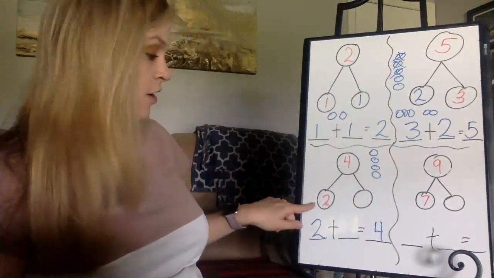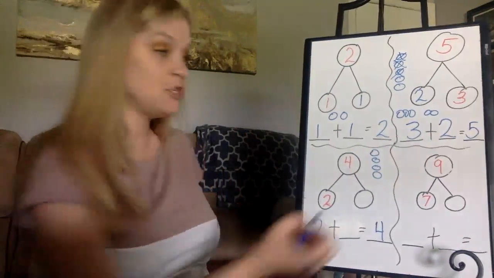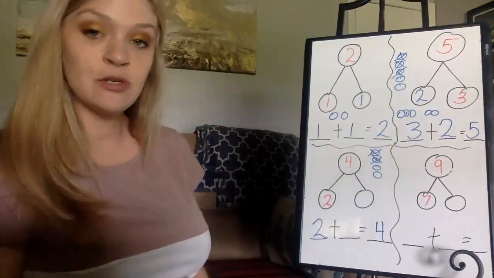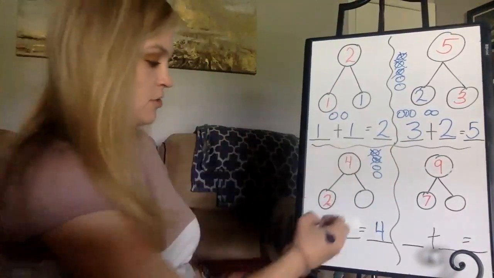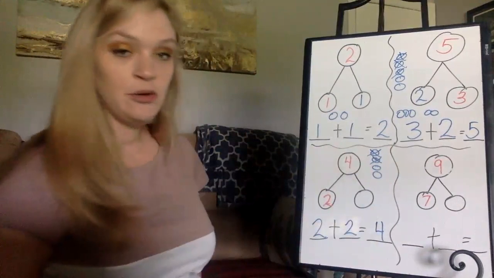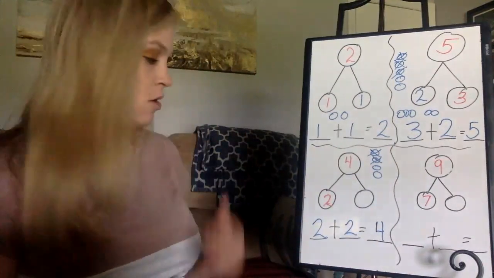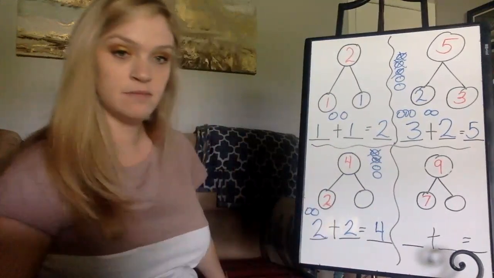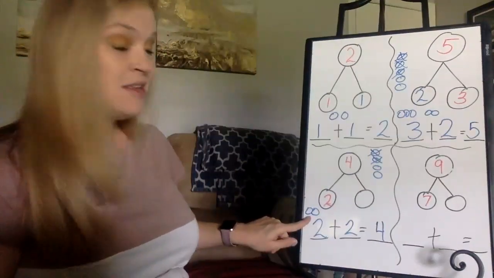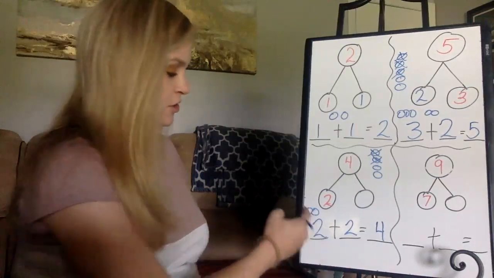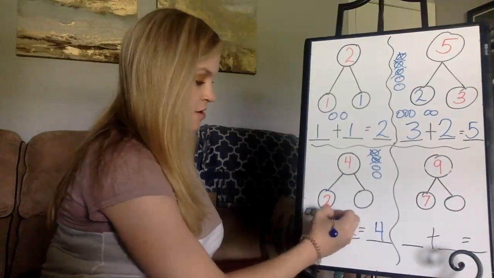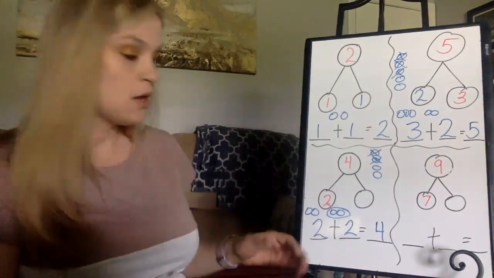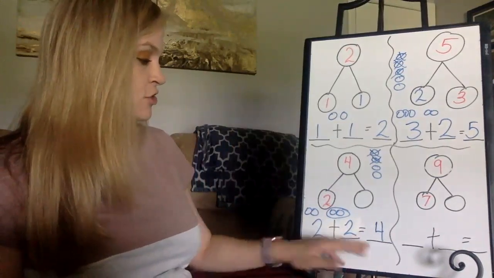I've already claimed 2 of them, so I'm going to mark out 2. How many circles are left? 2. So 2 plus 2 equals 4. Or you can draw 2 circles, because I know I have 2, and draw until I get to 4. 1, 2, 3, 4. How many more did I add? 2. So 2 plus 2 equals 4.